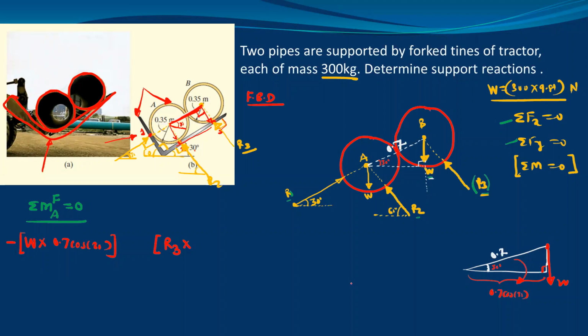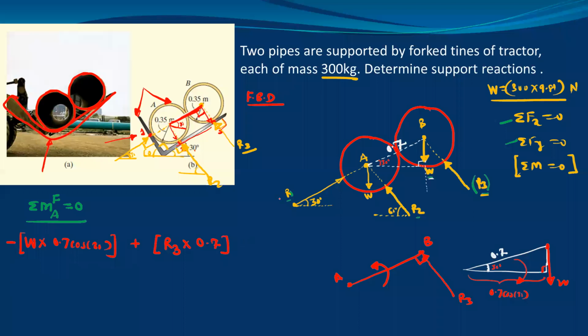You can observe here, this is point A, this is point B, and here we have the reaction R3. So this is directly perpendicular. So R3 into distance AB, which is equal to 0.7. And this moment will be anti-clockwise, so it is positive.